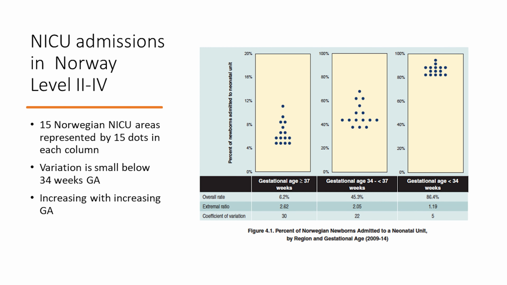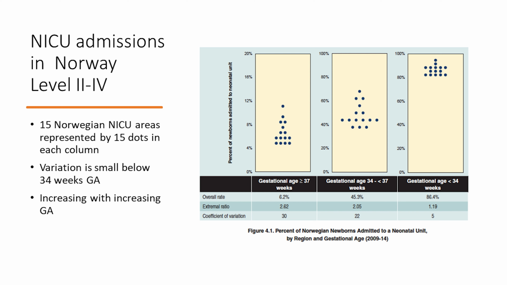In Norway, you see here, the overall admission rate varied between 7 and 16% of all newborn infants. If you look at the right column, each dot represents one geographic area. Norway is a small country, only 5 million people. We have 15 NICU areas. But each of these dots represents the percentage of admissions.